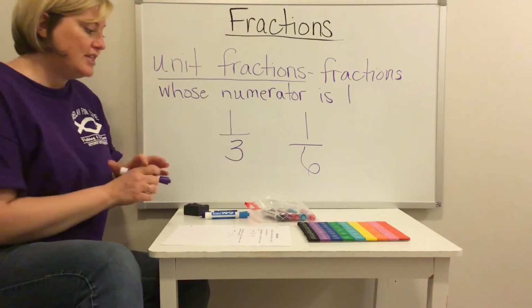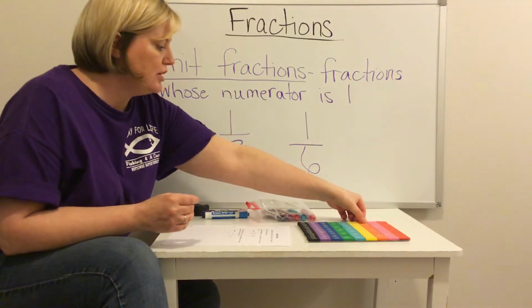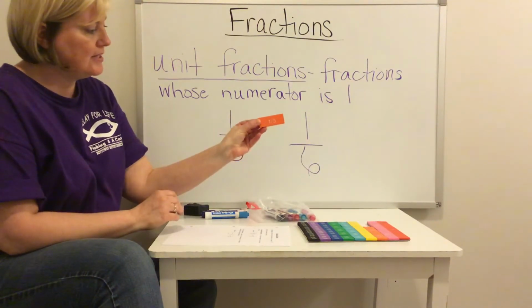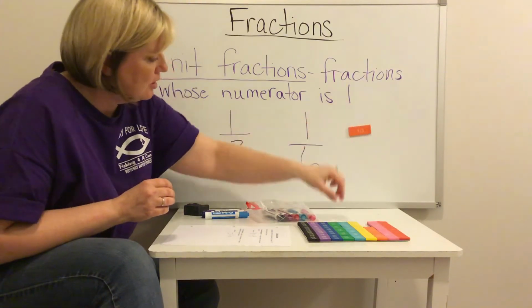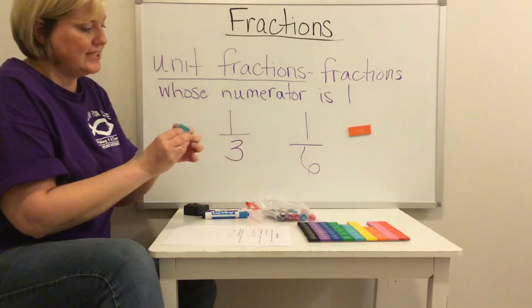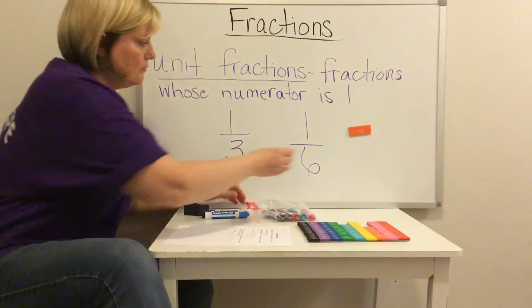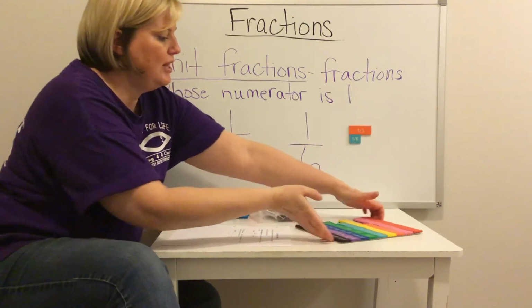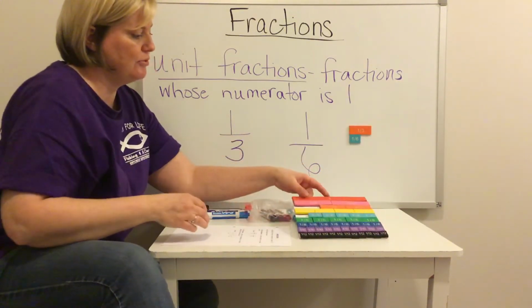But if we take a look at these fractions, I'm going to show you using our fraction pieces. Okay? This piece is 1/3, and this piece is 1/6, okay, of lines that are bars that are all the same length, okay, divided into different numbers of total pieces.